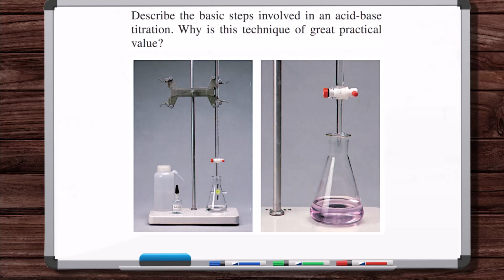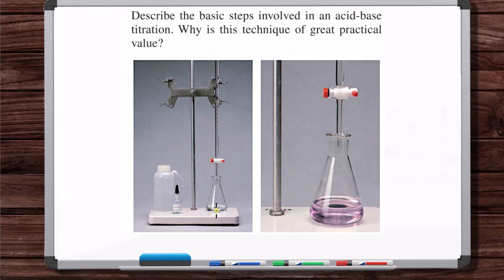Once you've added a little bit of the burette solution and the reaction takes place and comes back to equilibrium, you're left with an acidic solution again in the flask. You started with an acidic solution, you added a little bit of burette solution, and you end with an acidic solution. Then as you continue to add more and more burette solution, the same process happens.